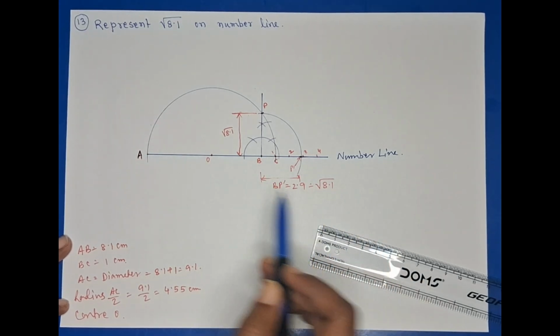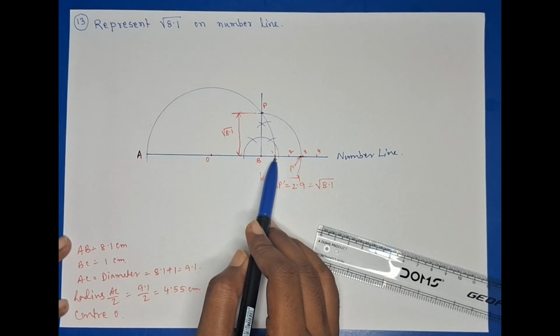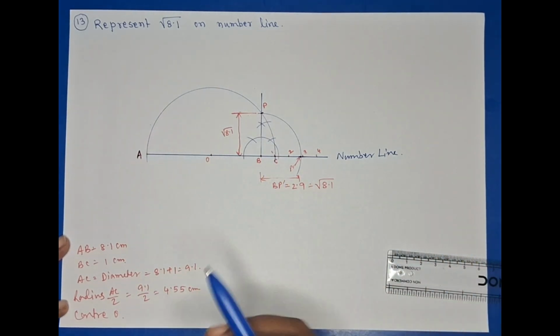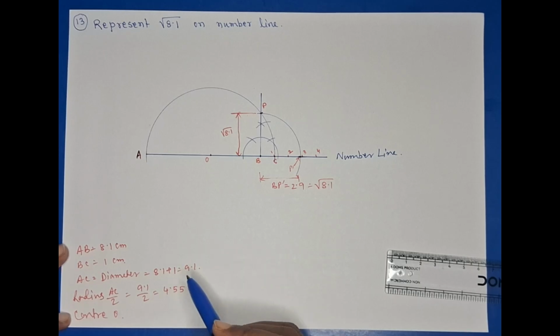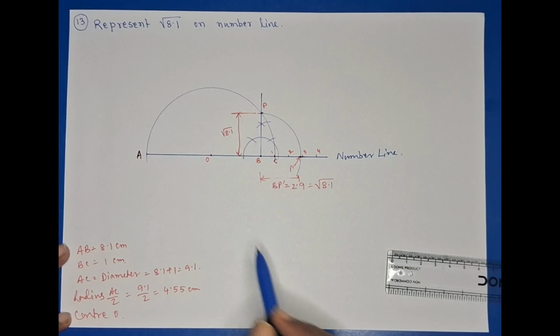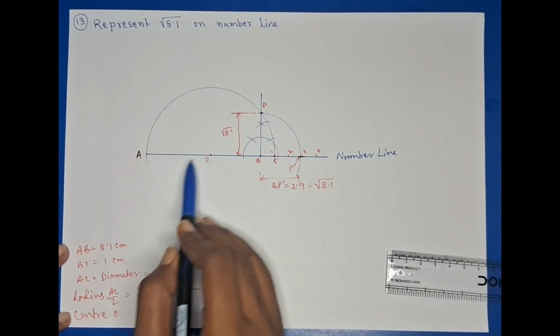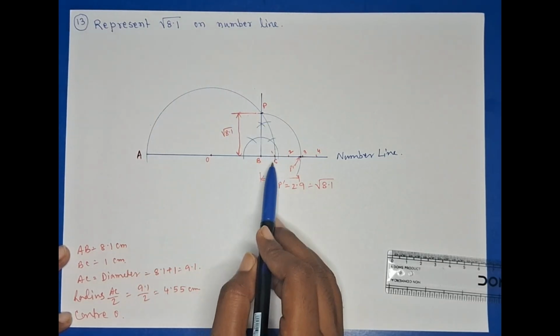Considering this AC, that is 9.1 centimeter as diameter, we have drawn a semicircle. What we have to do first, we have to find the center. Center is diameter by 2, that is 4.55 centimeters from any point, either from point A or from point C. We have marked the center as O and we have drawn this semicircle.